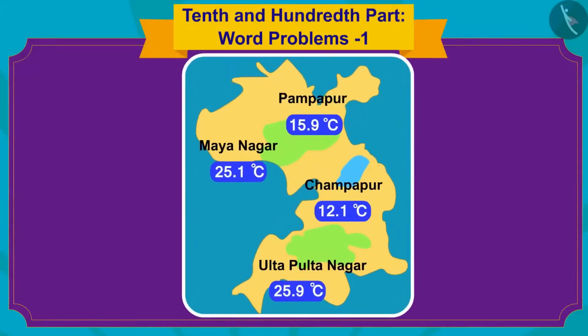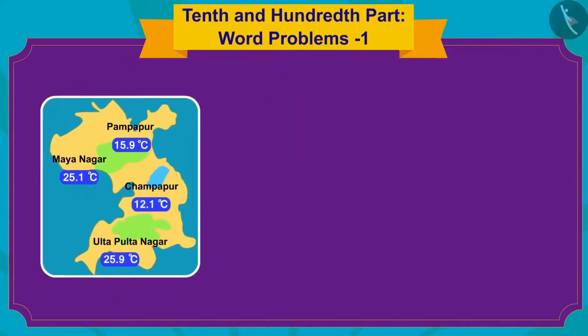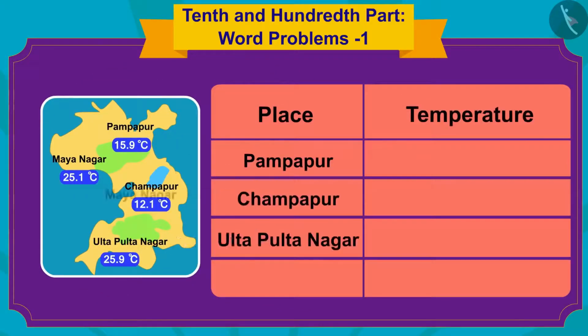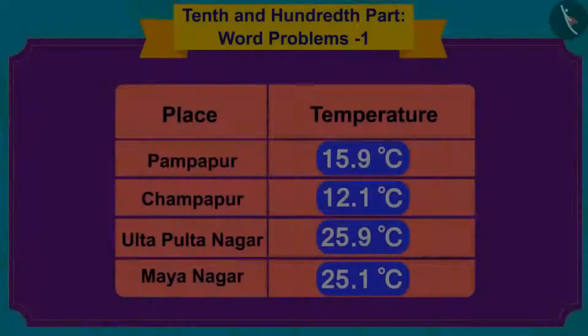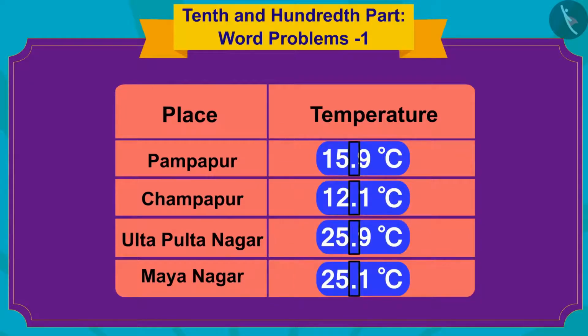Children, let us help Bunny. To find the place with the highest temperature, we have to compare the temperature in degrees Celsius shown for these places. Let's look at an easy process to do this. Children, whenever we want to compare numbers written in decimal, we will compare the numbers written to the left of the decimal point first, and then compare the numbers written on the right or 10th place.